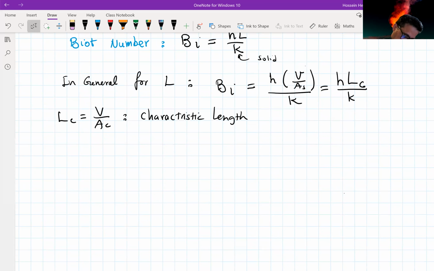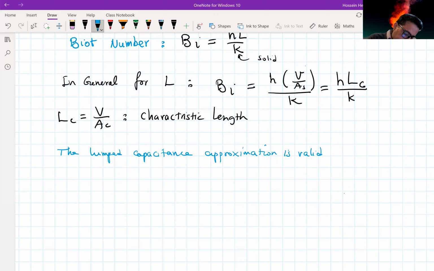So in terms of the Biot number, the lumped capacitance approximation is valid or satisfactory when we have this Biot number much smaller than 1, or let's call it 0.1.